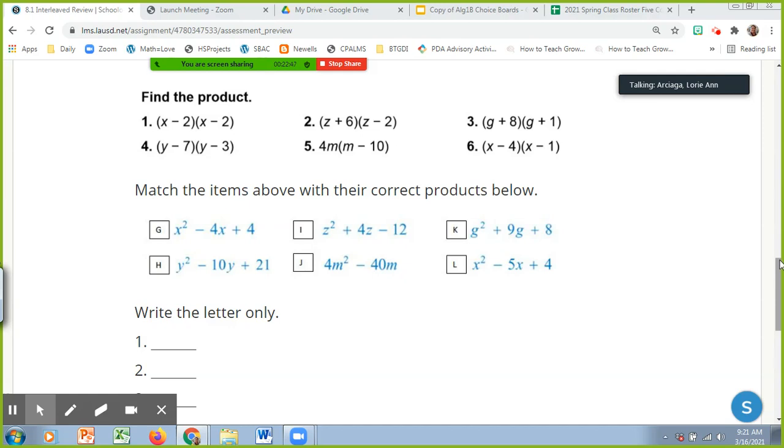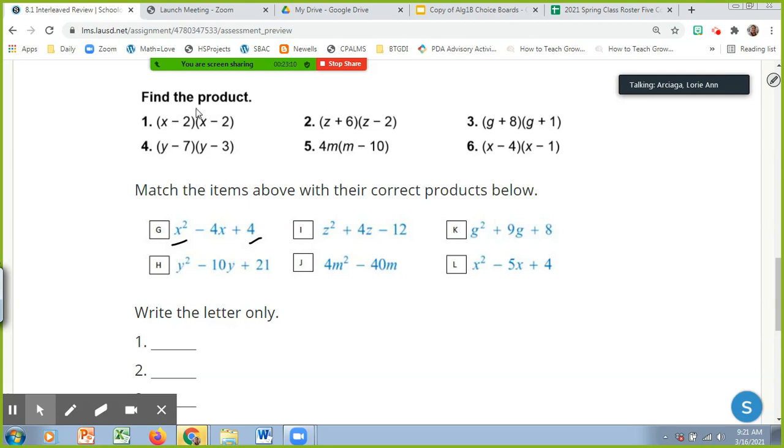Well, aside from matching the letters, because the letters are pretty obvious, right? You can do first times first, which is x times x, right? So x squared. And then negative 2 times negative 2 is positive 4. So you know that the first is x squared and the last is positive 4. Okay, so pretty much it looks like letter G, yeah?